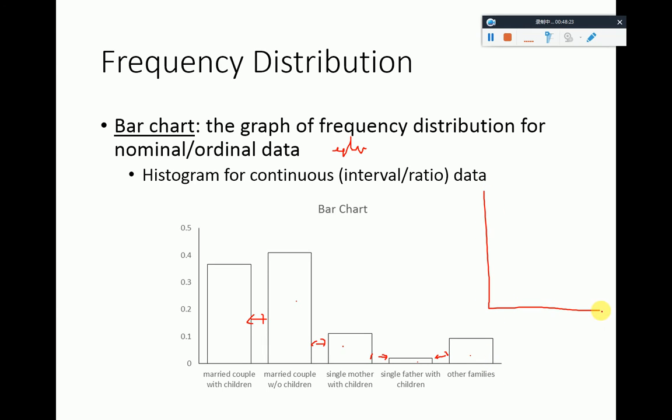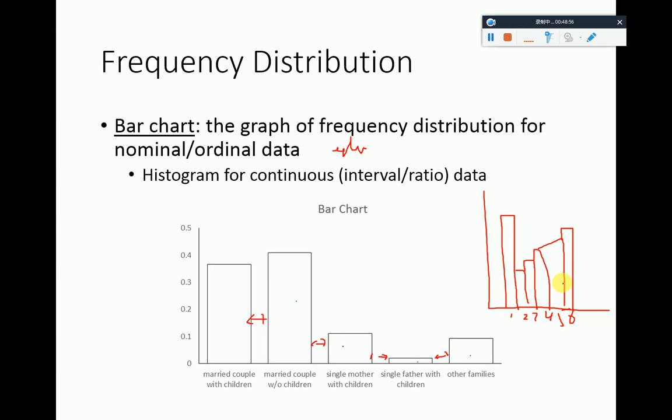But if you pay attention just now, in a histogram, the bins are very closely clustered. They touch each other, so to speak, and there's no space between each of the two bins. That means all these bins represent values that form a continuous continuum.